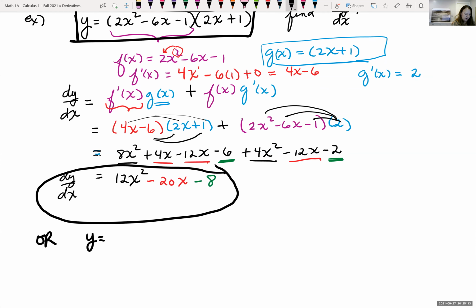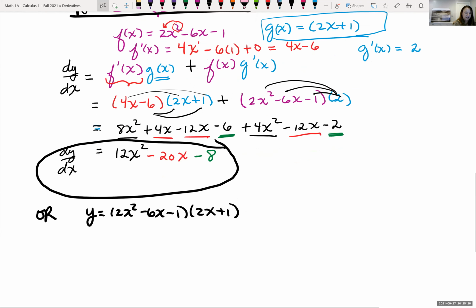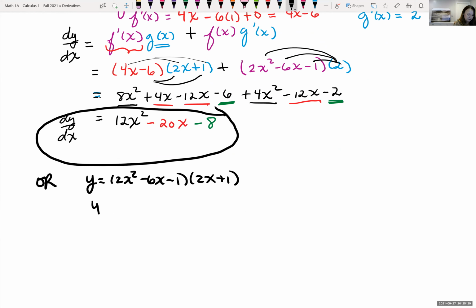So if we had y equals 2x squared minus 6x minus 1, all times 2x plus 1, and we distributed first and then combined like terms, 2x squared times 2x, that's 4x to the third. 2x squared times 1, so that's plus 2x squared. Distributing the negative 6x, negative 6x times 2x, that's minus 12x squared. Negative 6x times 1, so minus 6x.